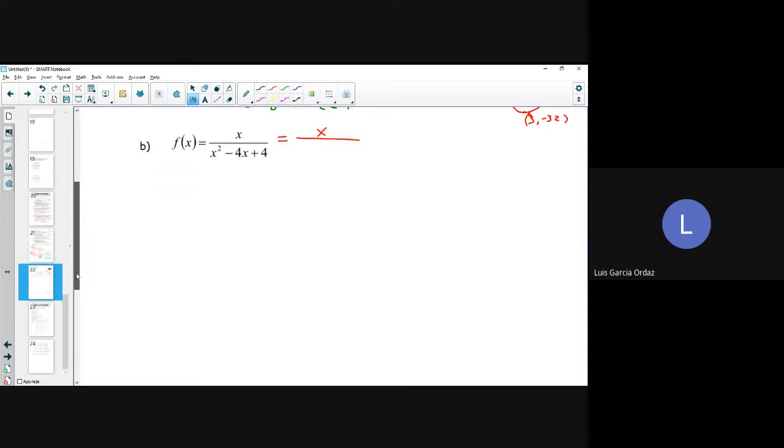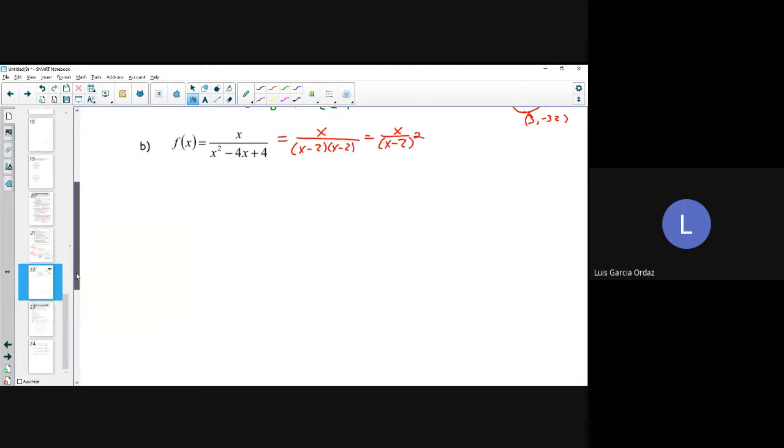How can I factor x squared minus 4x plus 4? What does that trinomial factor into? x minus 2, x minus 2. Perfect. Or in other words, we just get f of x is equal to x over (x minus 2) squared.